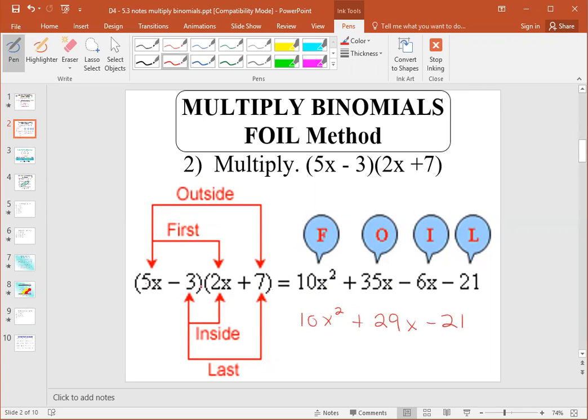So you can see that it's very similar to distribution, except we're not writing it all out longhand. Now, the downside to this is you have to make sure that you get all four products, because if you don't, then you're going to miss out on one of the terms.